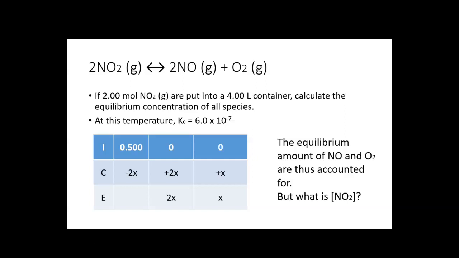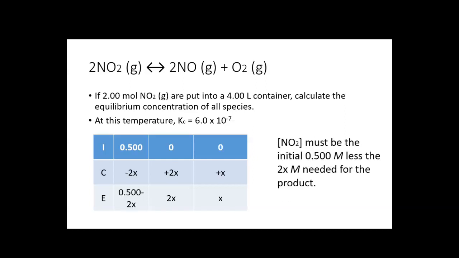But what's the equilibrium concentration of the nitrogen dioxide? It must be the initial 0.5 molar less the 2X needed to produce the nitrogen monoxide, and, of course, the X of the oxygen gas. Because, of course, the coefficient on NO2 is 2, just like it is on the NO.